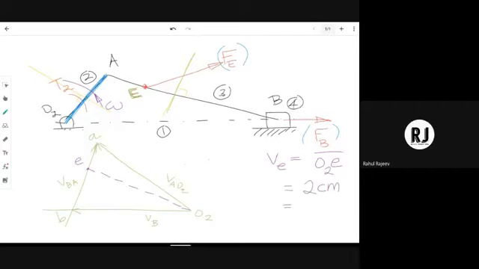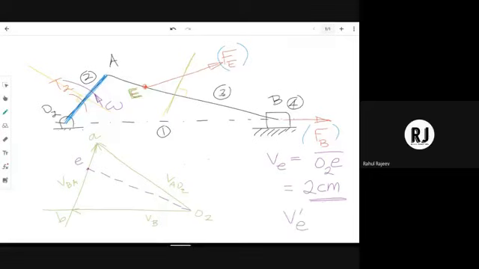If this is 2 centimeter, according to our scale, what will it be? Anyway, that is not important for us. Let it be 2 centimeter for the time. What we need is not the value VE. What we need to find is V dash E.